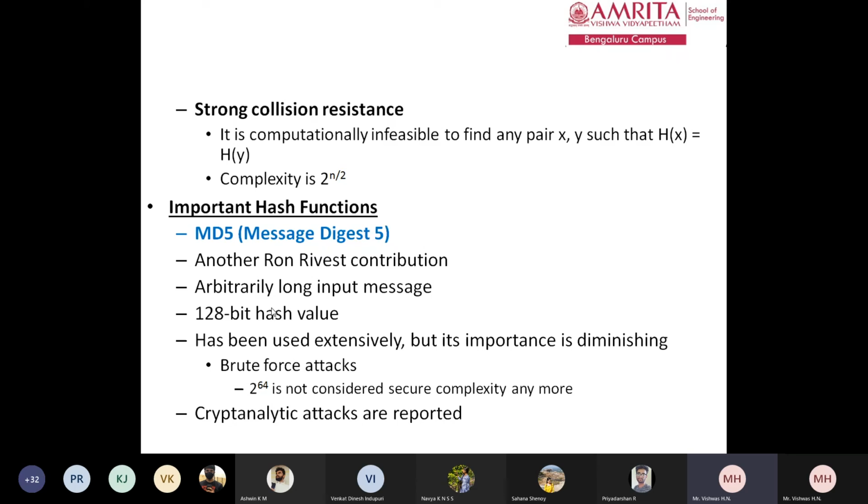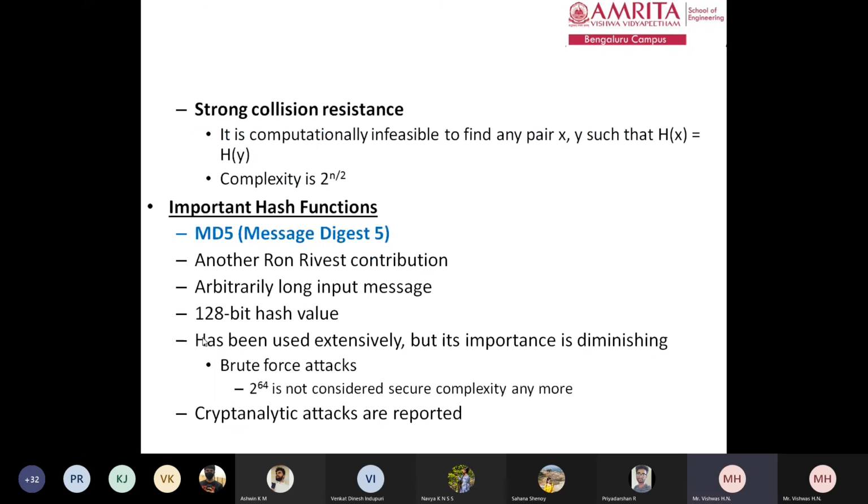Anyway, still we are using MD5 extensively, and we are expecting there will be updates for MD5 in the near future. There are some reports of attacks on the MD5 hash function, but still very negligible.